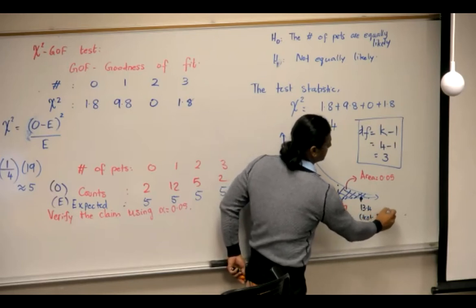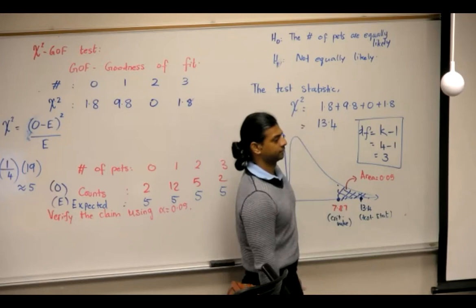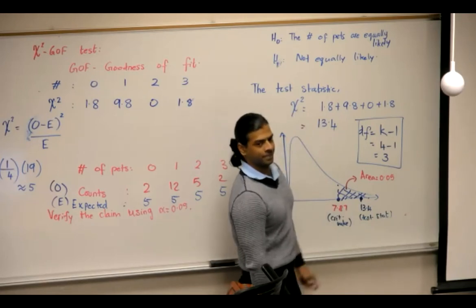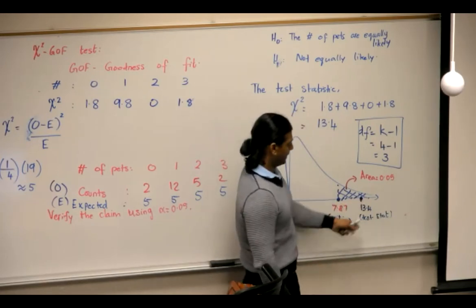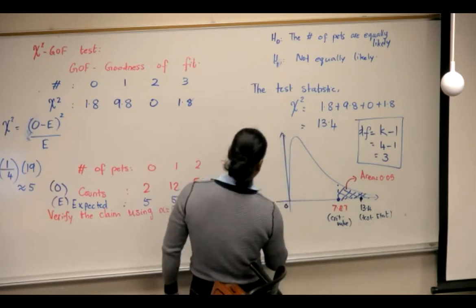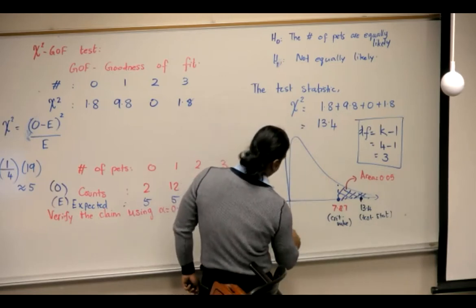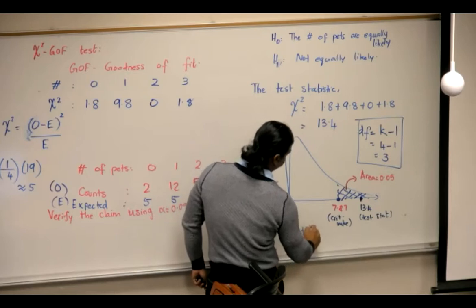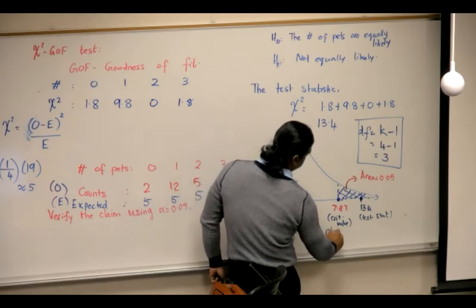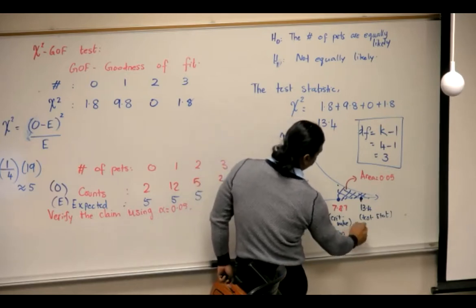Should they reject the null? Yes, because the test statistic falls in the rejection region. So we reject the null. The claim is true.